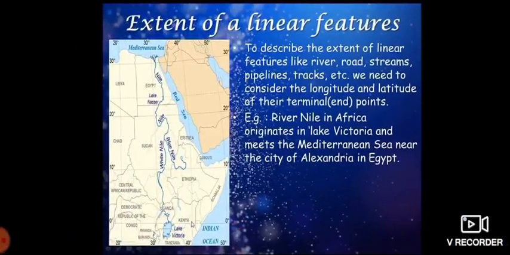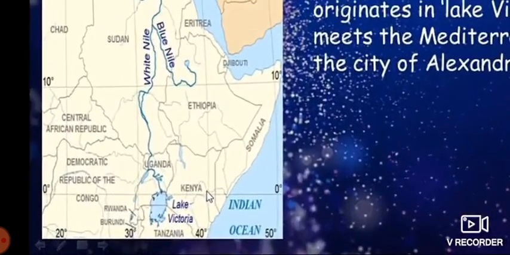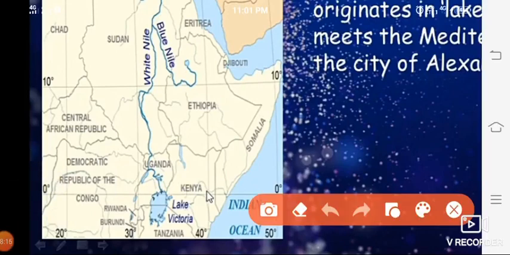Okay, so see here, we are going to consider the example of the river Nile. Now where is this river Nile? It is in Africa, and it originates, which means it starts, in Lake Victoria. You can see it down here. Do you have 0 degree here? And up, if you see, the river is moving upward. So here we have 0 degree.